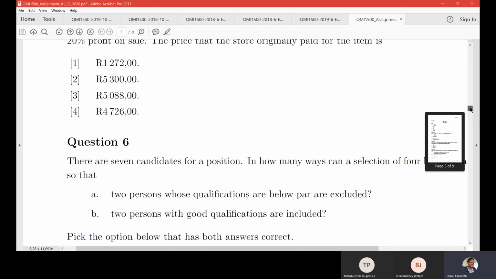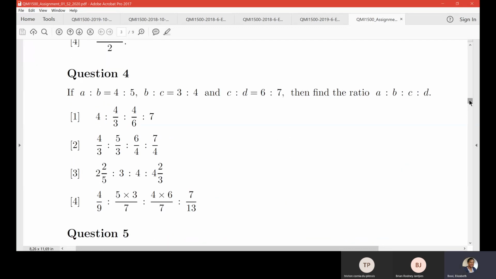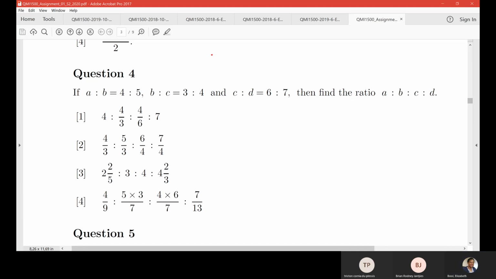So remember, for the proportions, we use ratios to calculate the proportion as well. And remember that a ratio is denoted numerator to denominator.